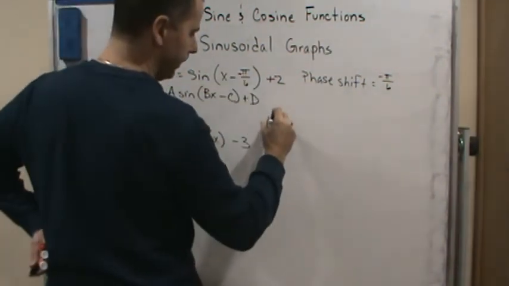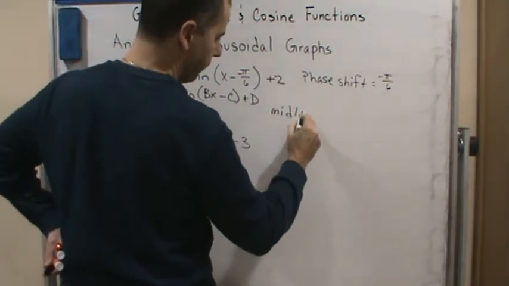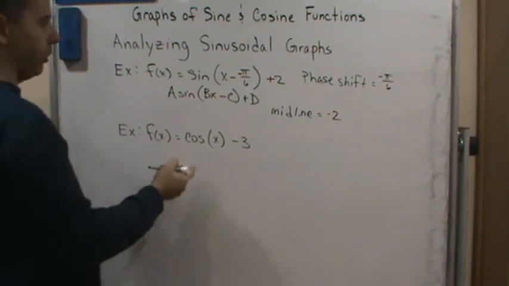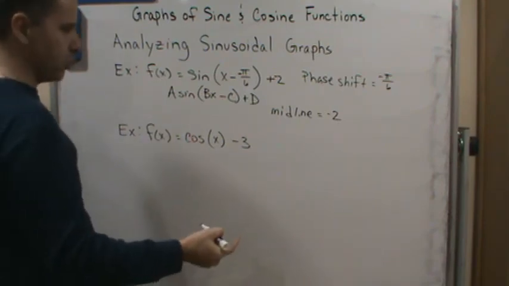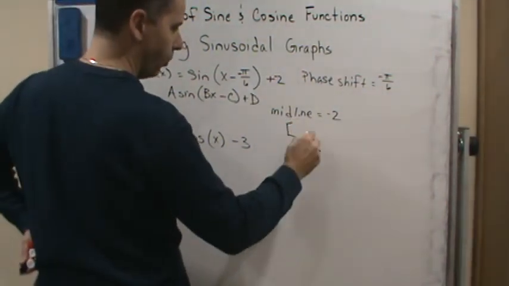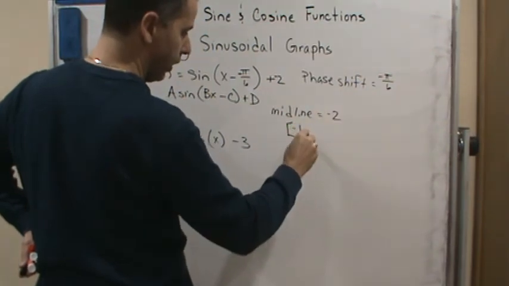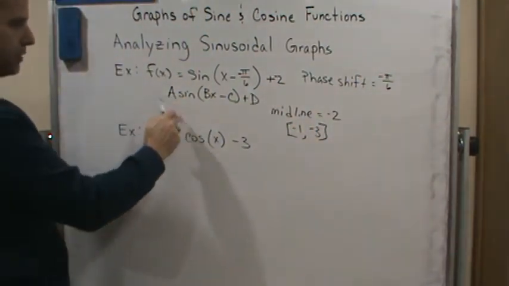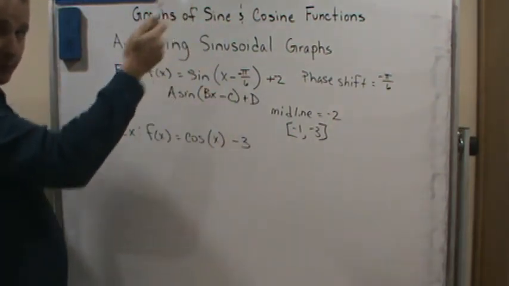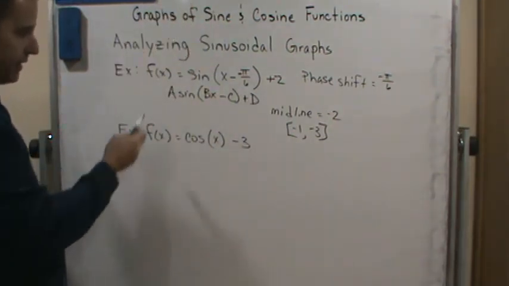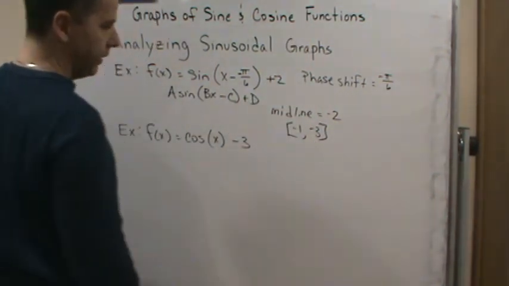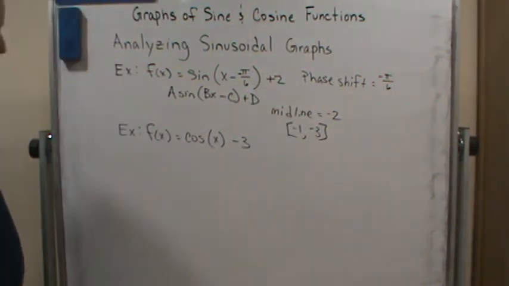So the midline is equal to negative 2, which means this graph is bouncing between what? Up to negative 1 and down to negative 3, because again, the amplitude tells us how far from the midline you are. In this case, 1. So it's going to be as high as negative 1 and as low as negative 3.